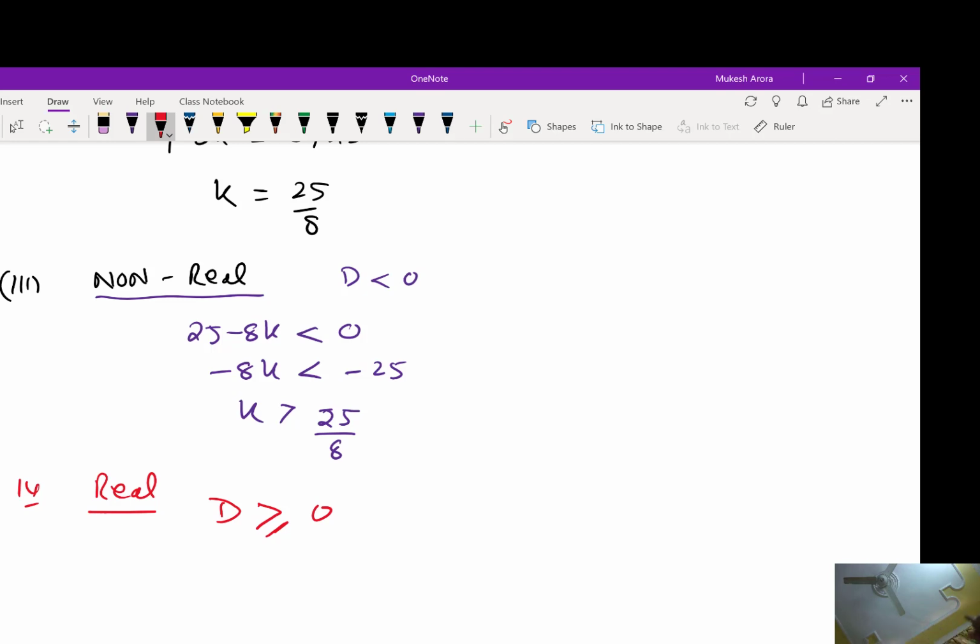So when it is greater than 0, then also it's real. When it is equal to 0, then also it's real. So 25 minus 8k is greater than equal to 0, minus 8k is greater than equal to minus 25. So k is less than equal to 25 by 8.